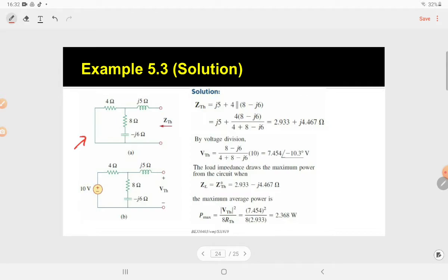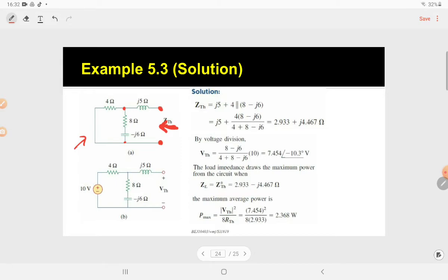Okay, now we need to find the value of ZTH. ZTH is the input impedance at the terminal. The terminal that we are referring to is the terminal at the load. Looking from this angle, you can see that this 4 ohm is in parallel with the 8 and negative J6 ohm, and then in series with the J5 ohm, right?